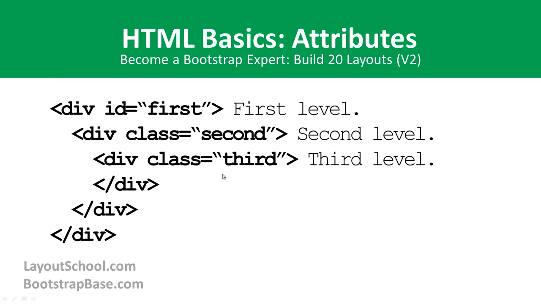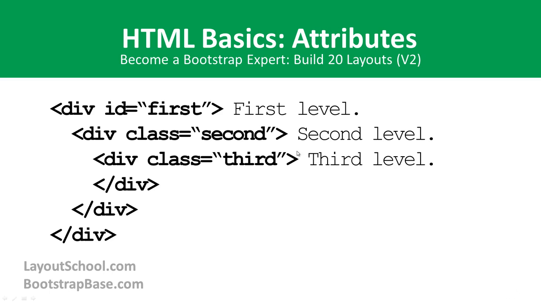The names are really anything you come up with. So in this case the first corresponds to the text here, the second corresponds to the text here, and the third level corresponds to the text as well. But this doesn't have to be, there's no rule behind this. This is just something that I came up with on the fly.